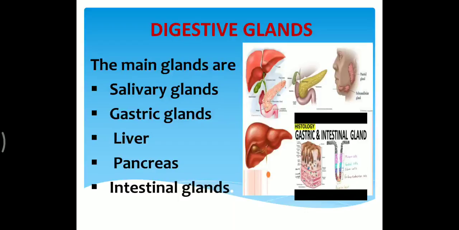The main glands of the digestive system are salivary glands, in the mouth, and gastric glands, in the stomach. The liver is a gland which produces bile juice. The pancreas produces pancreatic lipase and other juices and enzymes. Next are intestinal glands. In the small intestine, there are a number of glands which produce enzymes.